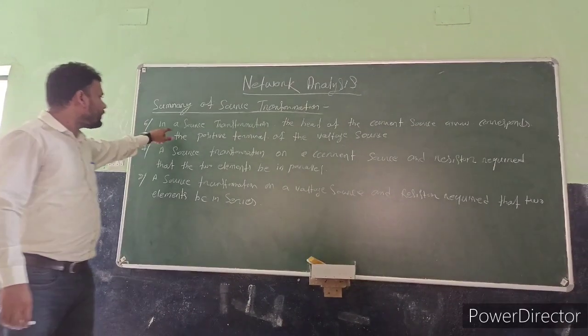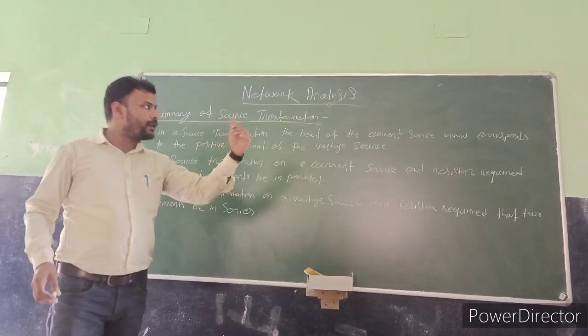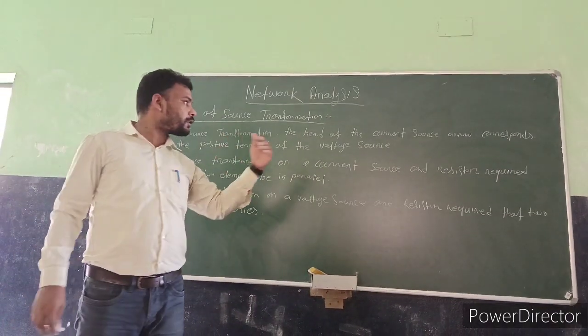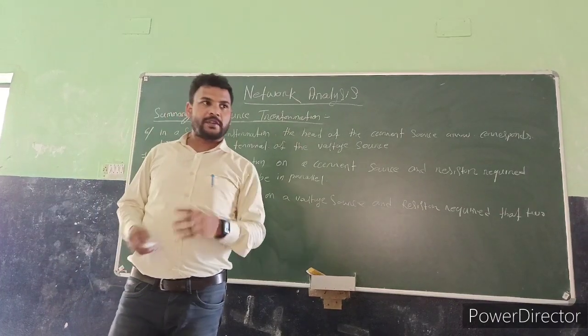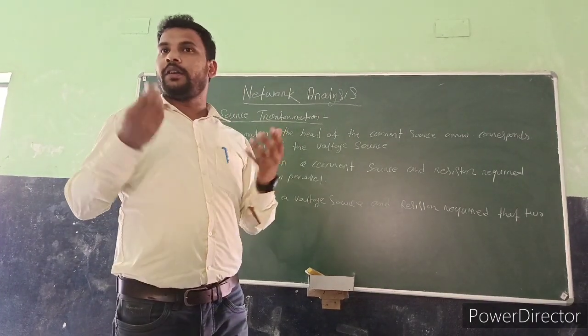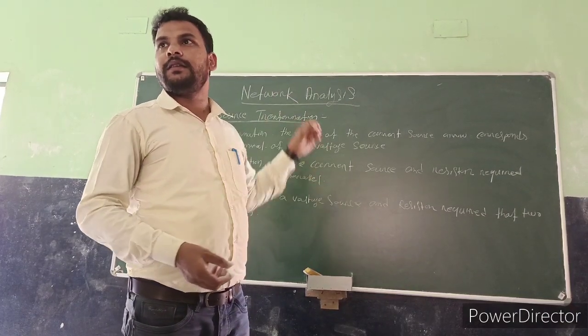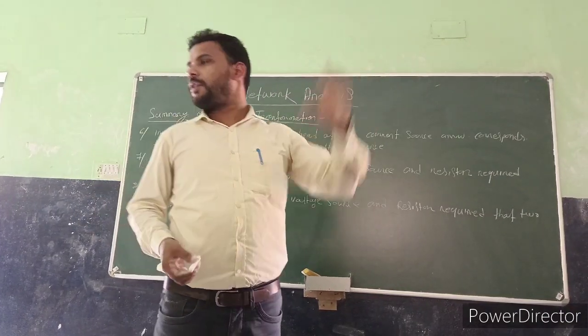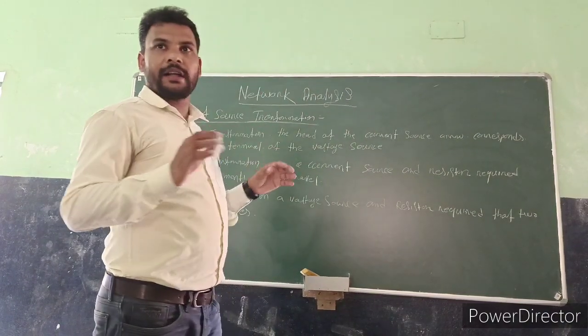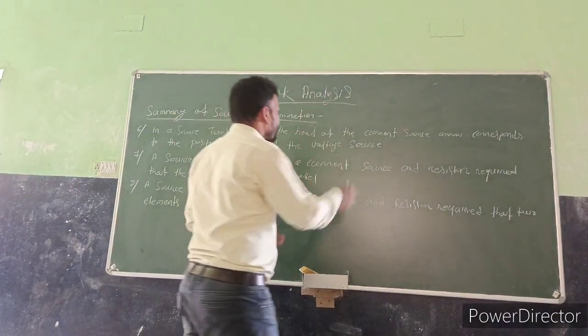In a source transformation, the arrowhead of a current source corresponds to the positive terminal of the voltage source, as studied earlier. So the arrowhead should be at the positive terminal.